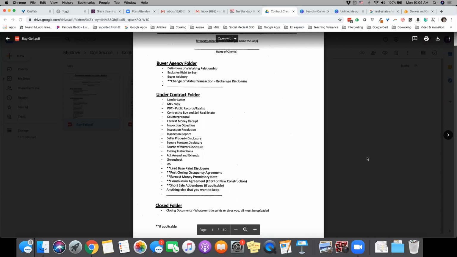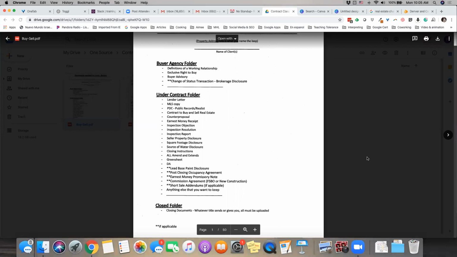The documents you need when you go under contract are a lender letter. You need an MLS printout sheet that shows that it's under contract. You get public records, which will show the seller's name. If you do your buy-sell contract, you've got a counter if needed. You have a copy of your earnest money receipt, and these days there is wiring.